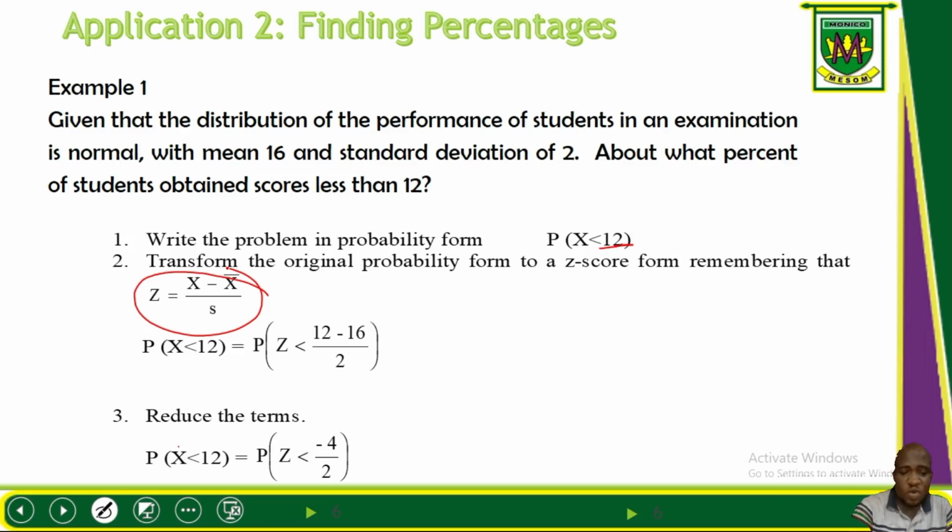In the question we have 12 as the value we want to know the percentage of students whose scores are less than. And so you write the 12 first as your X, minus the mean in the question, which is 16, over the standard deviation. So 12 minus 16 over 2 will give us negative 4 over 2.